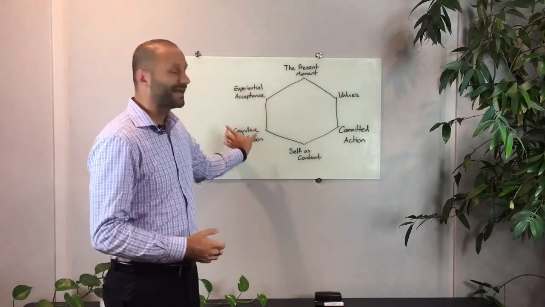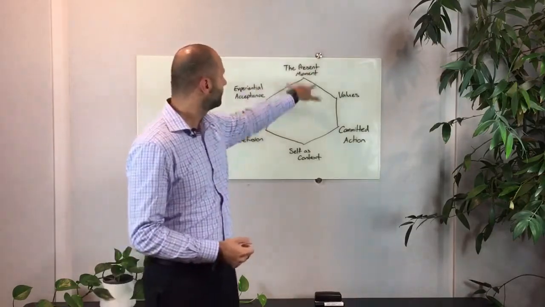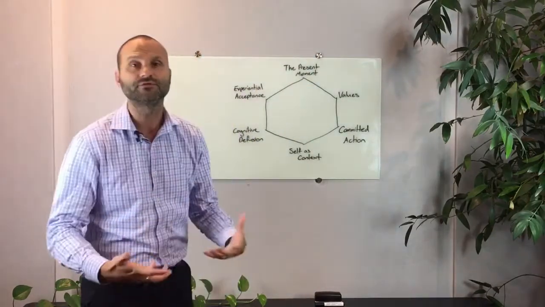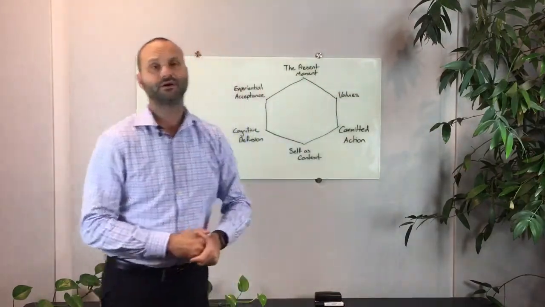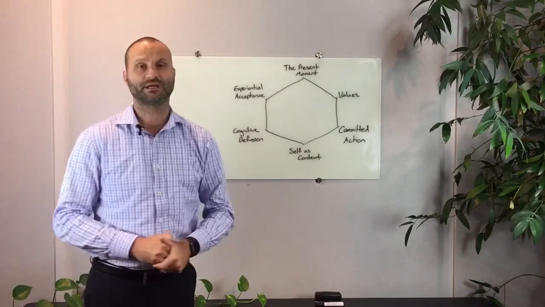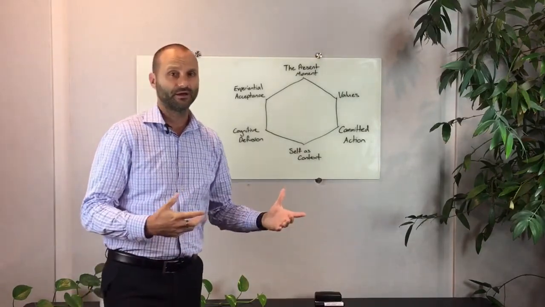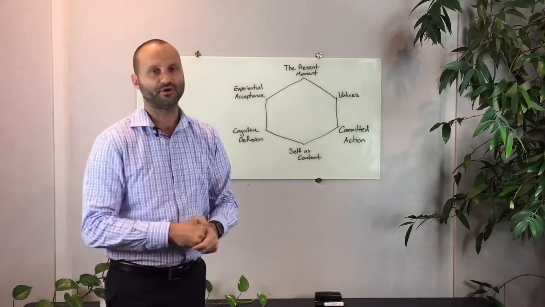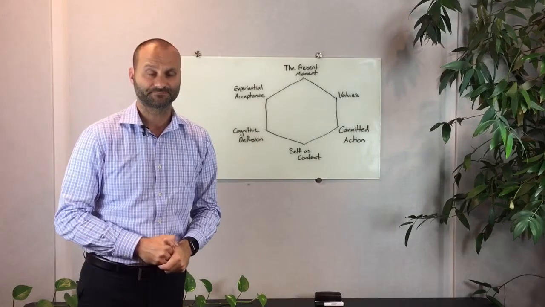This relates to acceptance work. The center here in the middle is mindfulness work, and on the very end, these ones here on the right-hand side, which is values and committed action, refer to the action side. So it's commitment, acceptance and commitment therapy. So here on the left-hand side, we've got experiential acceptance.